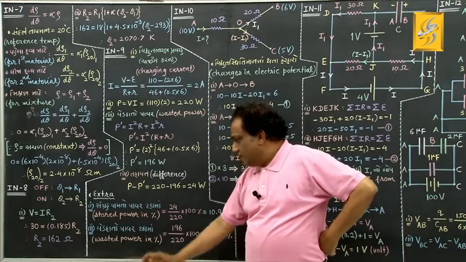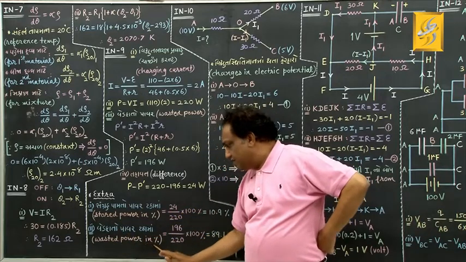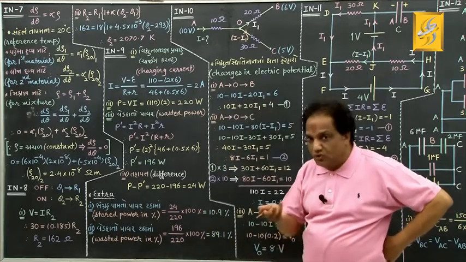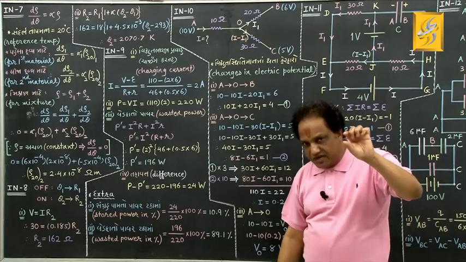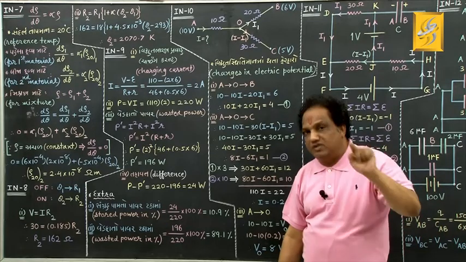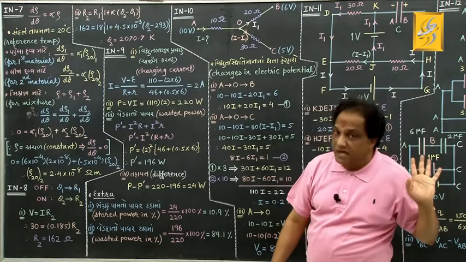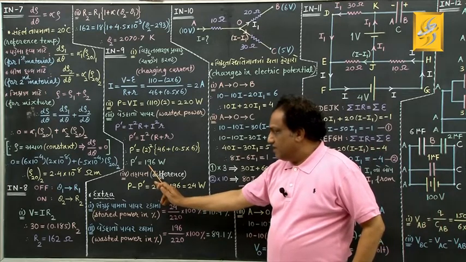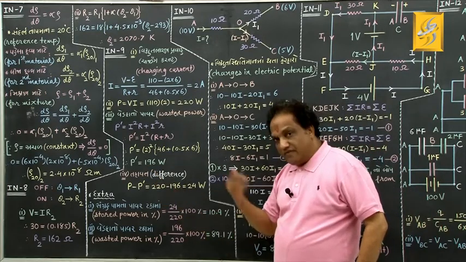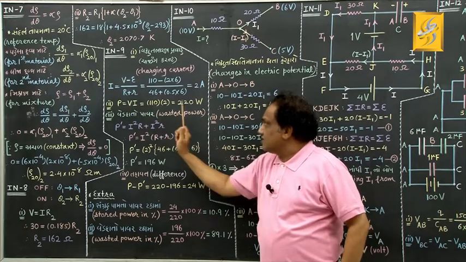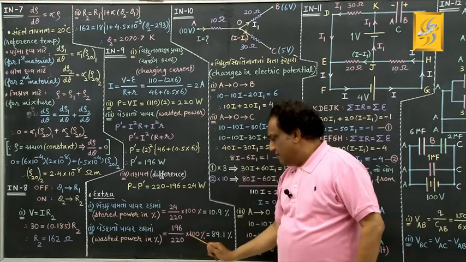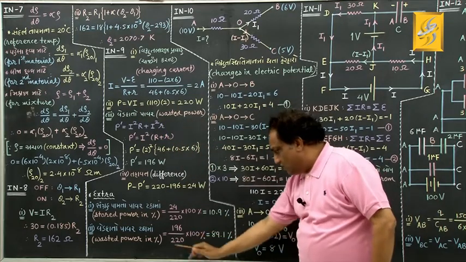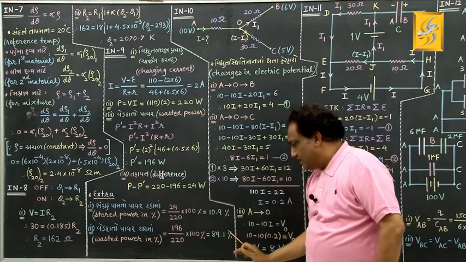Okay? Now we go for wasted power in percentage. What you should do? Amount of power wasted divided by total power spent multiplied by 100%. Total power wasted is how much? 196 watt. Divided by total power spent, 220 watt, multiplied by 100%. This comes out to be 89.1%.